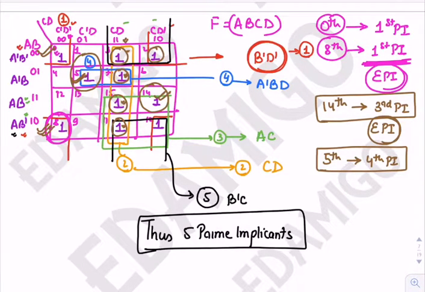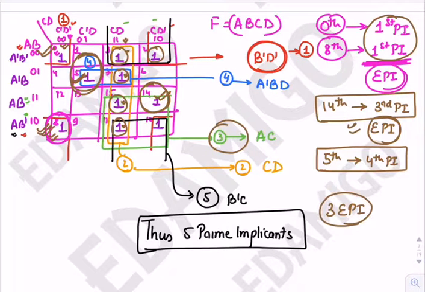The prime implicants covering these min terms become essential prime implicants. 0 and 8th are covered by the first, 14 is covered by the third, and fifth is covered by the fourth prime implicant. So first, third, and fourth become the essential prime implicants. There are 5 total prime implicants and 3 essential prime implicants.